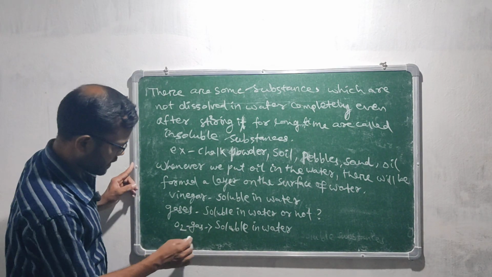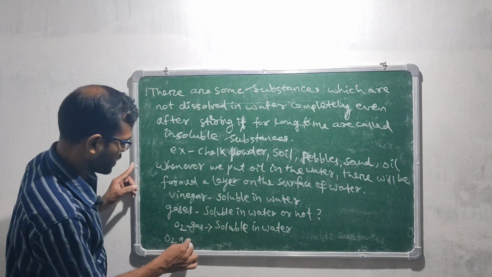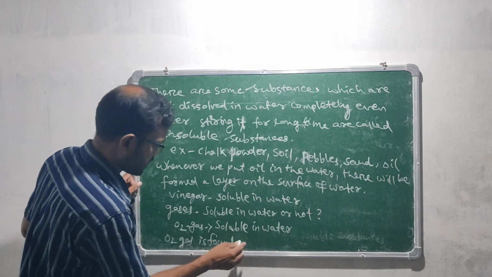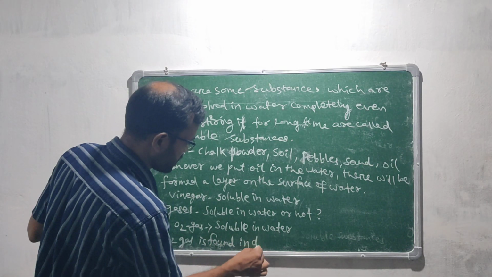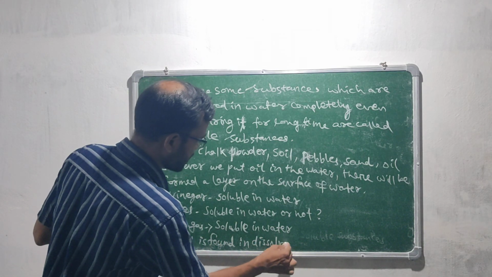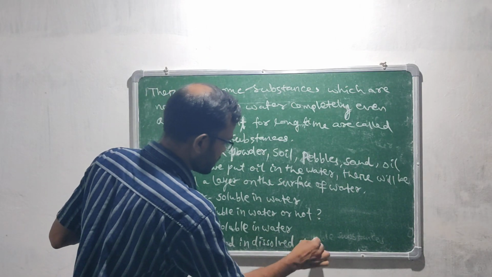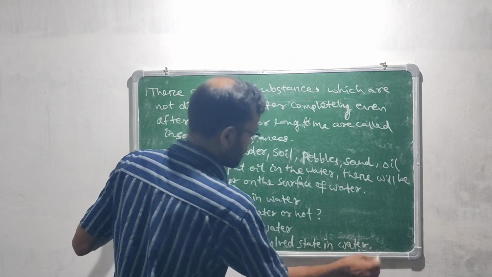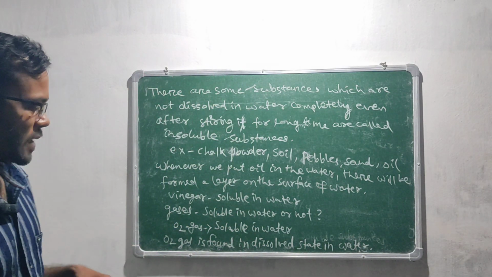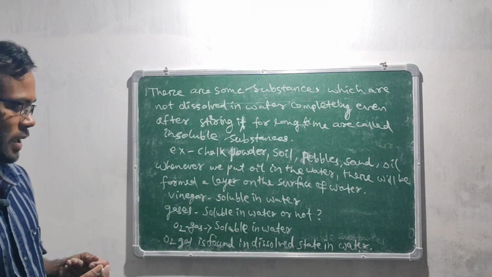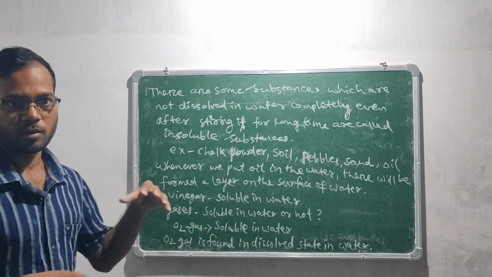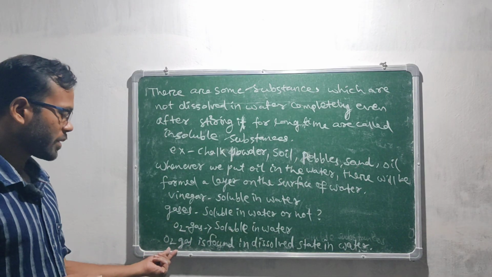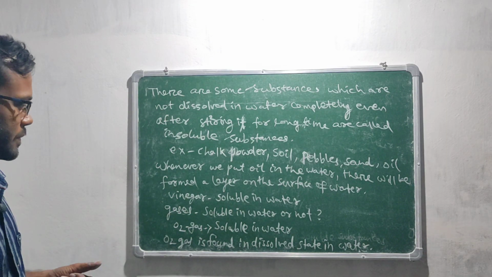Because this gas, oxygen gas or O2 gas, is found in a dissolved state in water, which helps the aquatic animals and aquatic plants, the plants and animals which are living in water. Just because of dissolved oxygen, they can survive in the water.